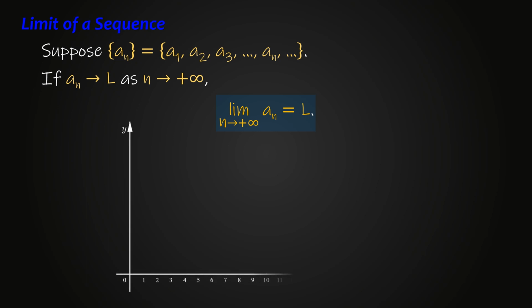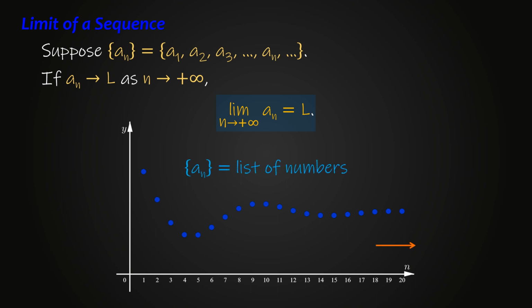The limit of a sequence can be illustrated using the following graph. As n approaches positive infinity, the terms of the sequence approach the limit. Now, suppose there is a function f on the interval [1, positive infinity).